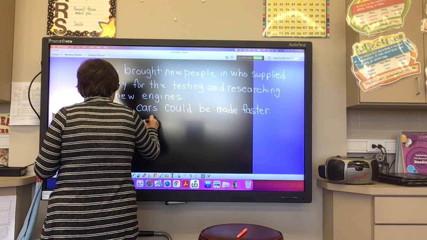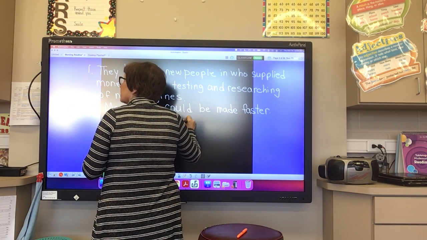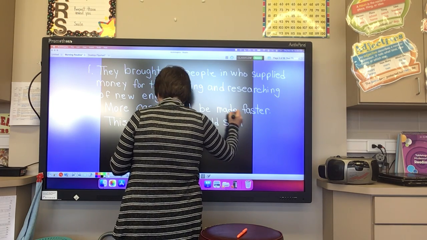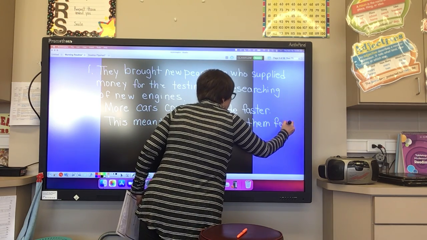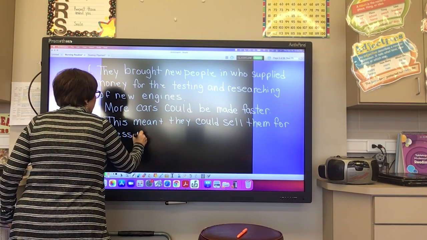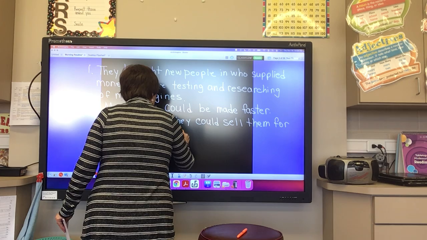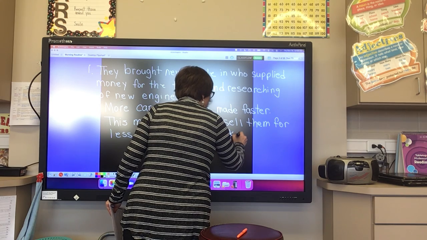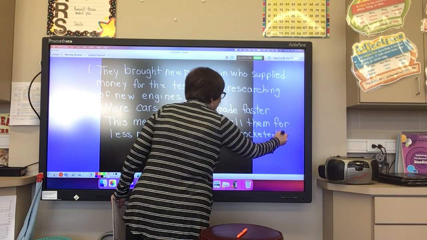This meant they could sell them for less money, and sales skyrocketed because more people can afford them. So they're making more money than anything now.